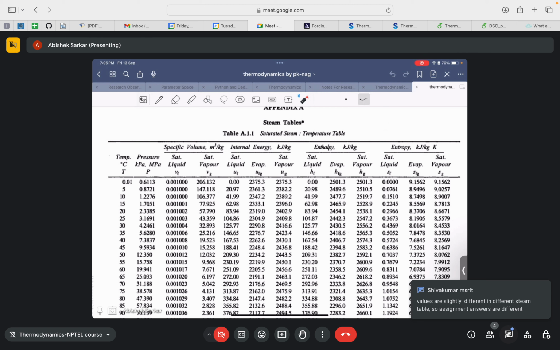It's completely fine. No problem. You need to know the concept. And I hope the solutions would be agreeable to certain decimal points.